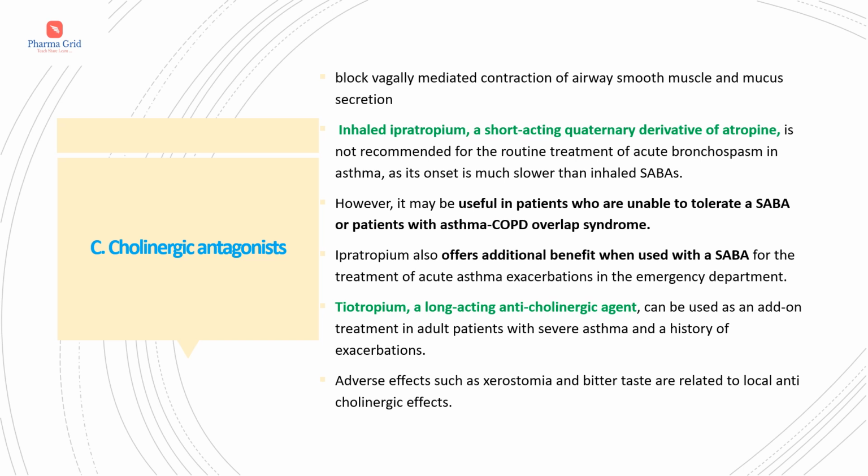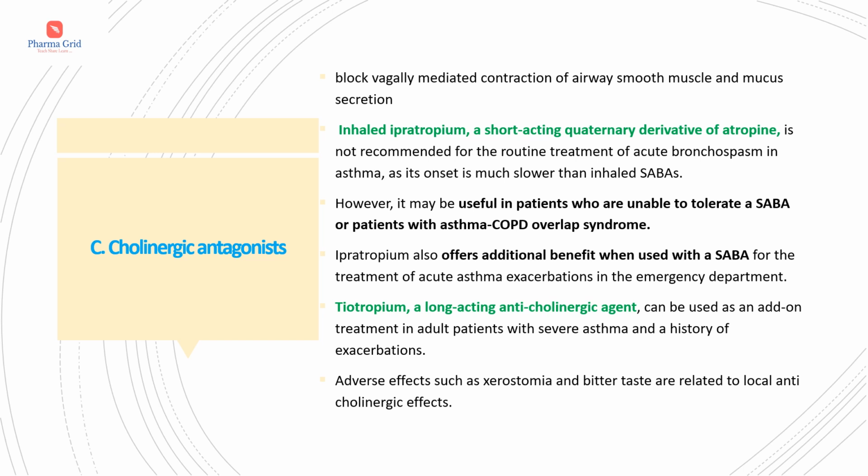However, it may be useful in patients who are unable to tolerate a short-acting beta-2 agonist or patients with asthma-COPD overlap syndrome. Ipratropium also offers additional benefit when used with a short-acting beta-2 agonist for the treatment of acute asthma exacerbations in the emergency department.